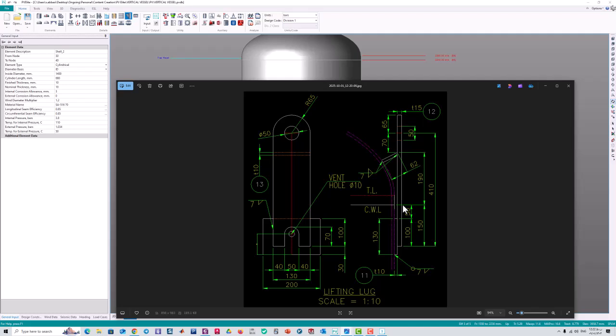So 680 minus 100 minus 50 plus 35 plus 50 might be the right value for this.